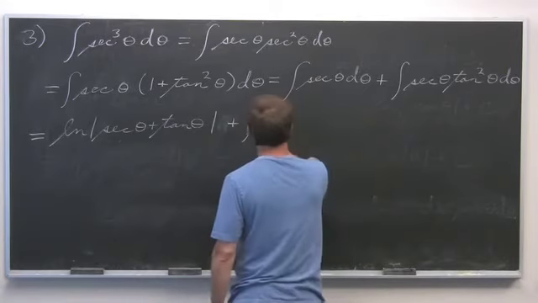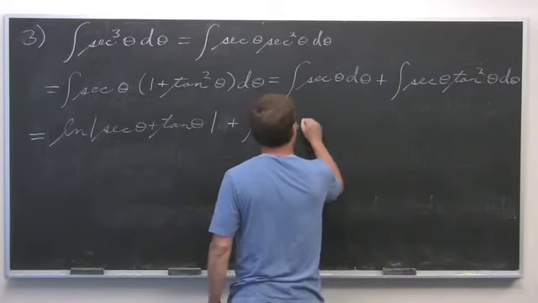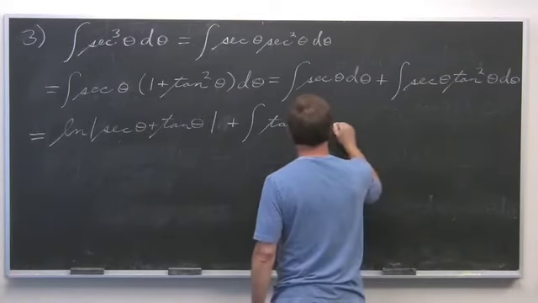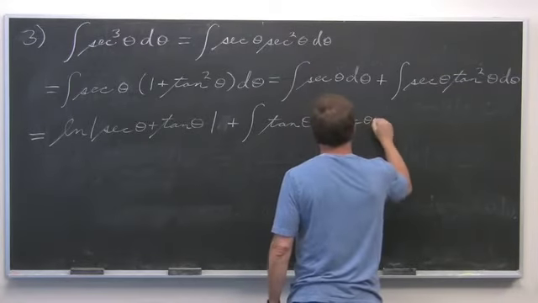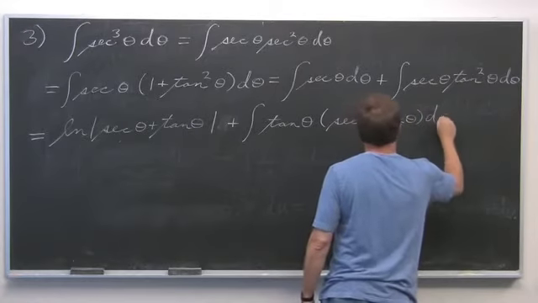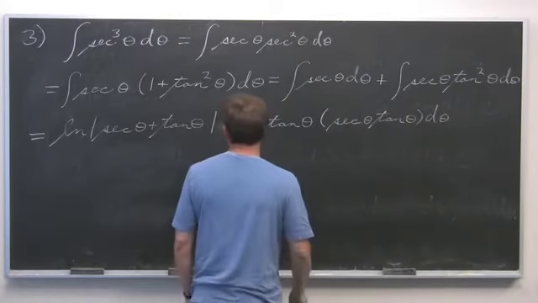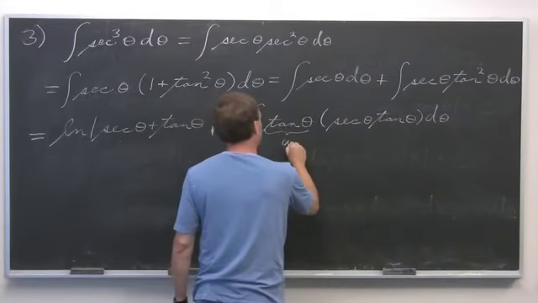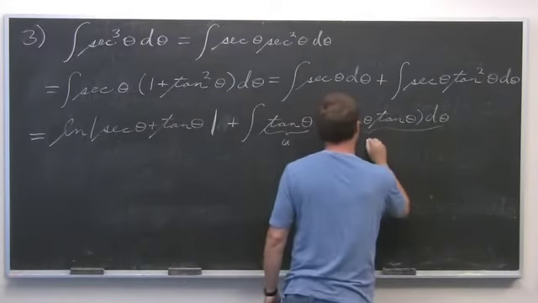So you take one of the tan thetas, and I'm going to put it over here, and then I'm going to group the secant theta tan theta with the d theta, and I'm going to integrate by parts, and this is going to be my u, and all of this then will be dv.